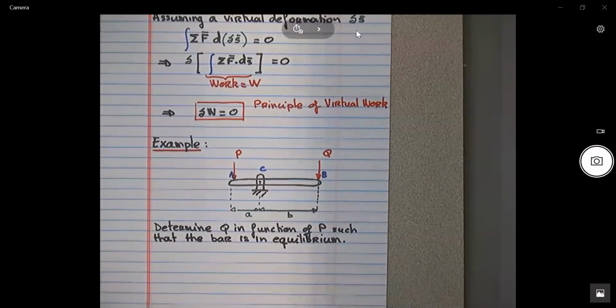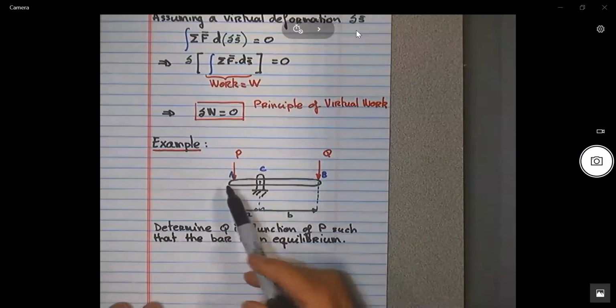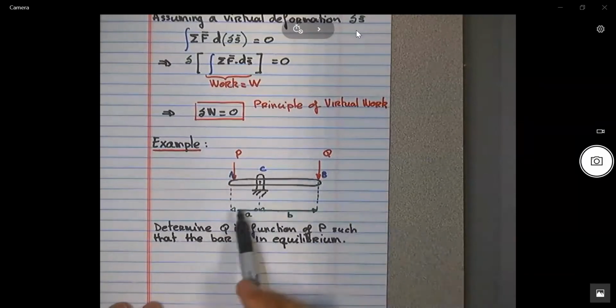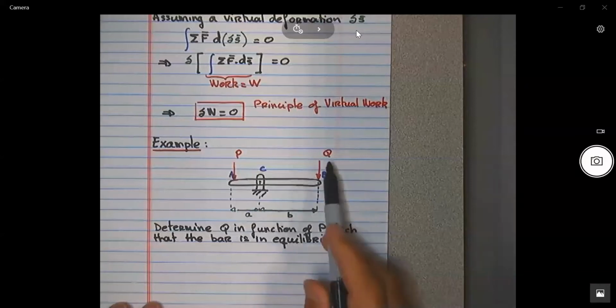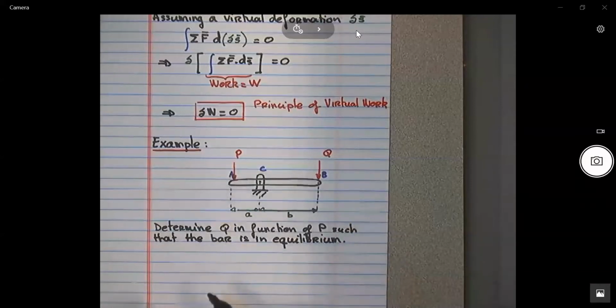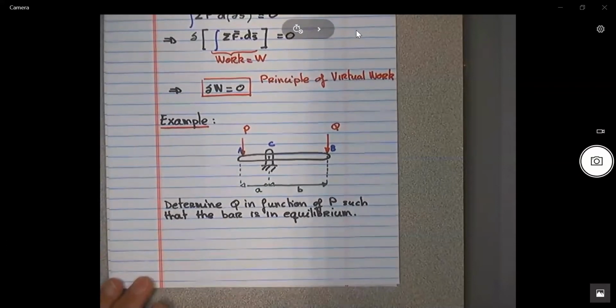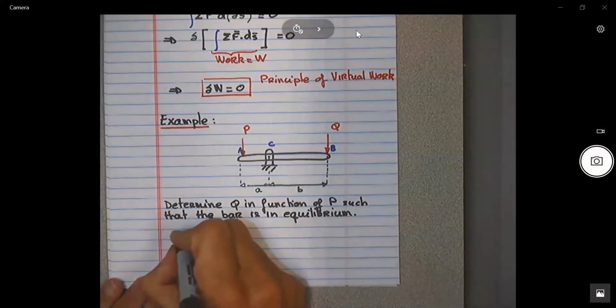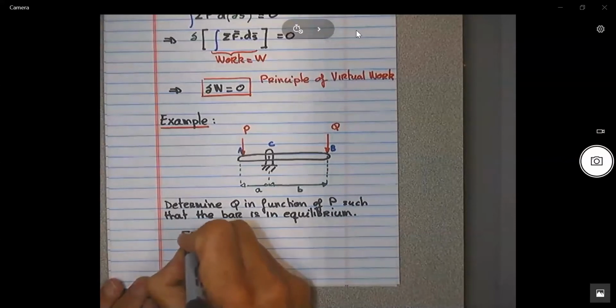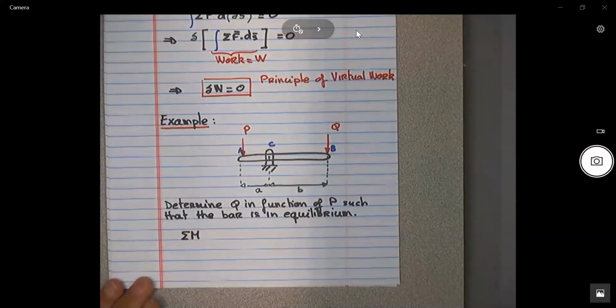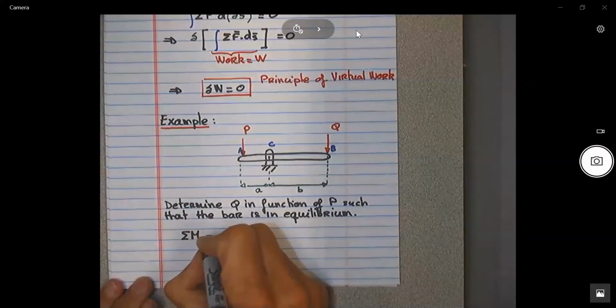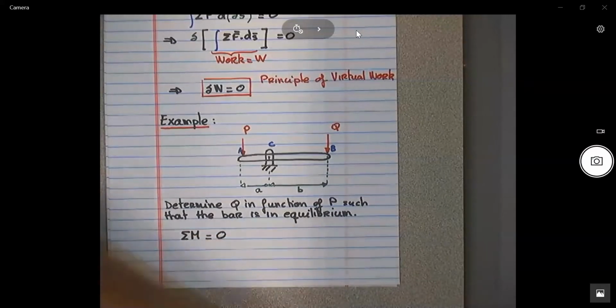So if you apply a force P on this side, what should be the value of the force Q? If A and B were equal, what would you have? Q equal to P, no? But the pivoting point is not at the middle. So what equation do you need to use? If you want this in equilibrium, you need the summation of moments about point C to be equal to 0.